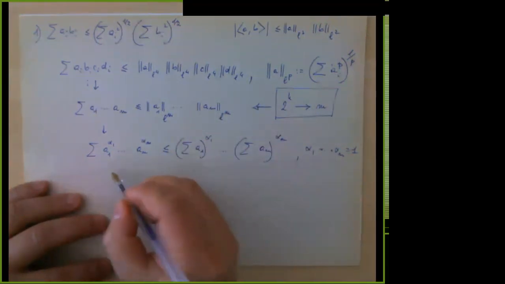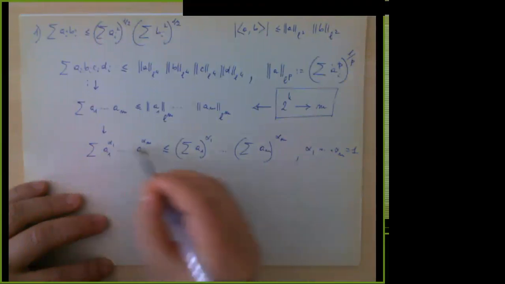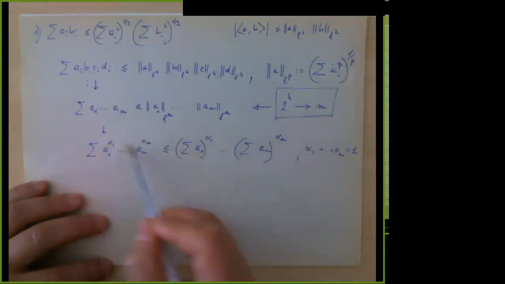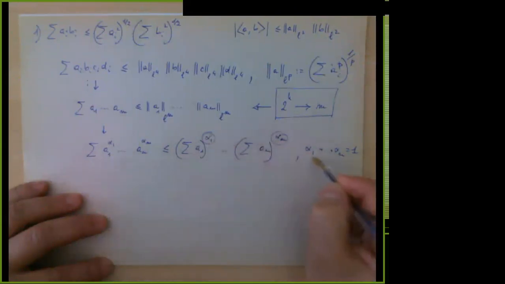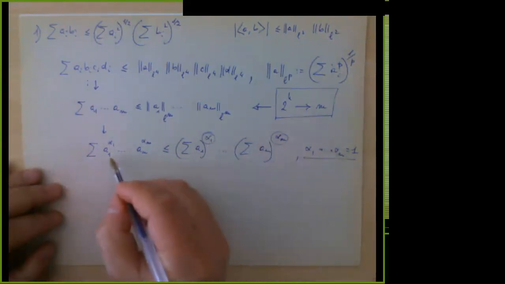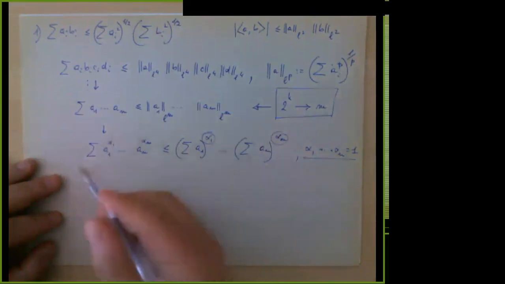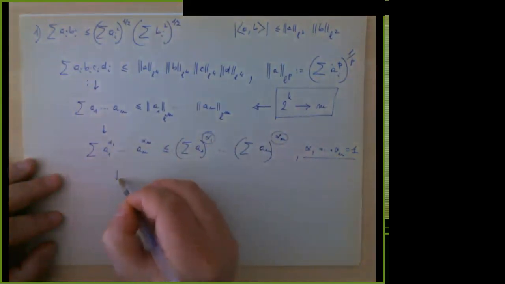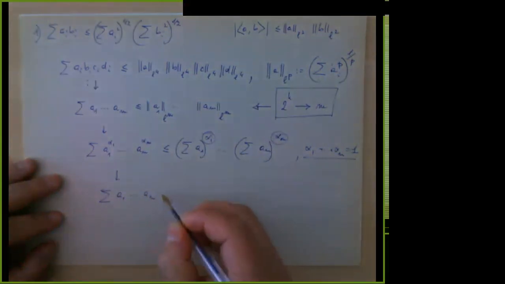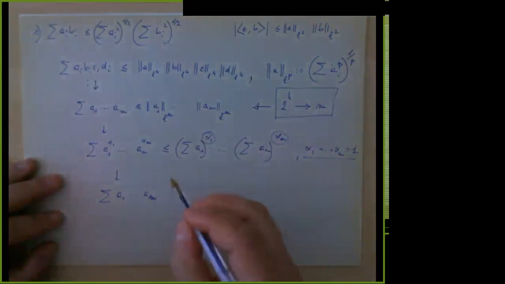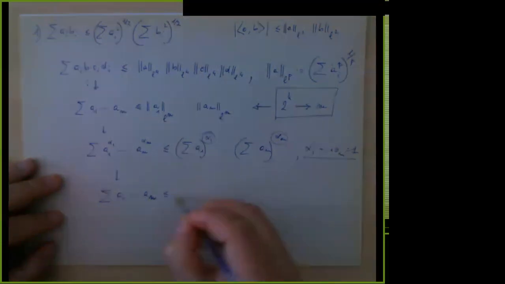And finally, we are able, by doing substitutions, I wrote this intermediary step because it is important to note that the sum of the exponents needs to be 1. So then switching essentially from alpha to 1 over alpha, we end up with the inequality that is most commonly called Hölder's inequality, which is this.